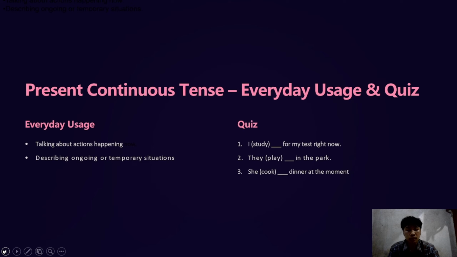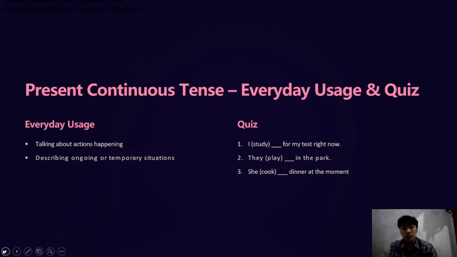The present continuous for actions happening now. These tenses cover a range of everyday situations and give us the flexibility to describe events in any time frame.